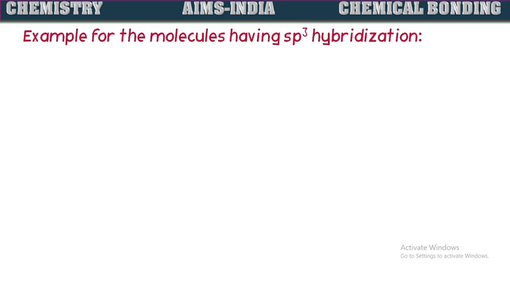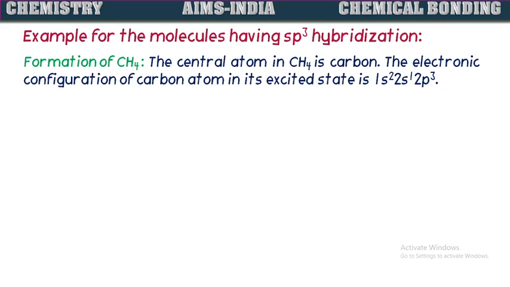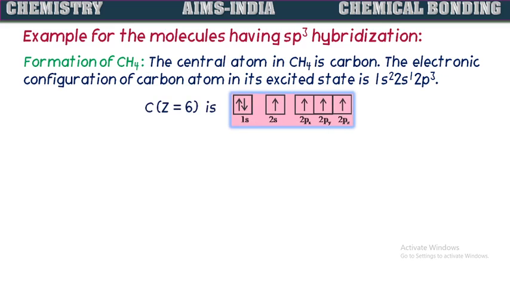Now let us see one example of sp3 hybridization, that is the formation of the methane molecule. In the methane molecule, the central atom is carbon. The electron configuration of the carbon atom in its excited state is 1s2, 2s1, 2p3. So this also you can see diagrammatically like this. The general ground configuration of carbon is 1s2, 2s2, 2px1, 2py1.